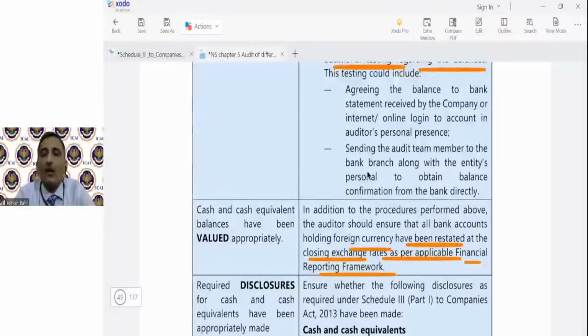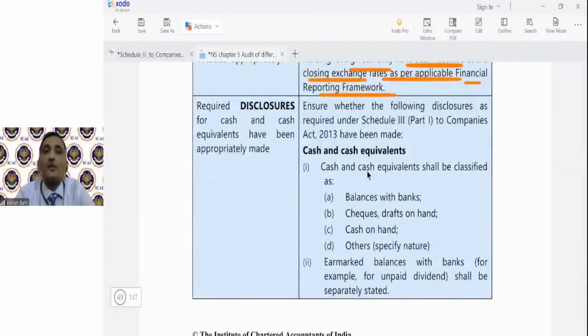Okay. And what are the disclosure requirements, students? Now, the disclosure requirements of Schedule 3. So if you already remember Schedule 3, then your work is already done. Okay. So according to Schedule 3, the disclosure requirements for cash and cash equivalents are the following. Cash and cash equivalents shall be classified as balances with banks, checks and drafts on hand, cash on hand, and others.